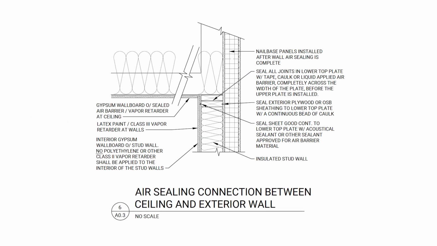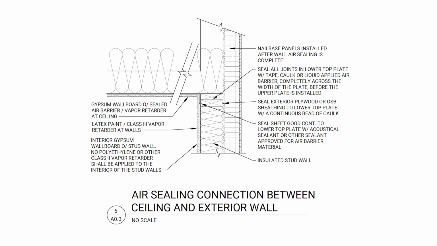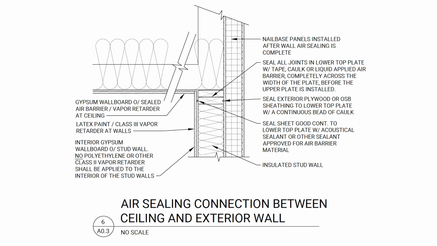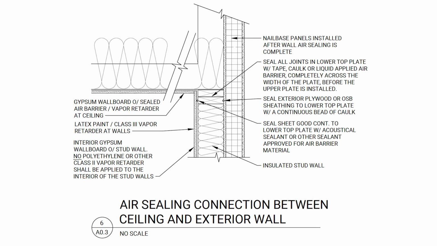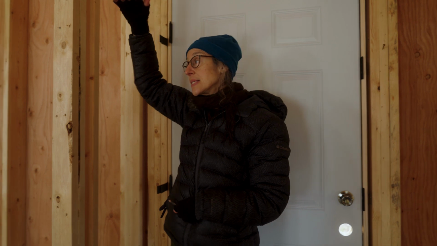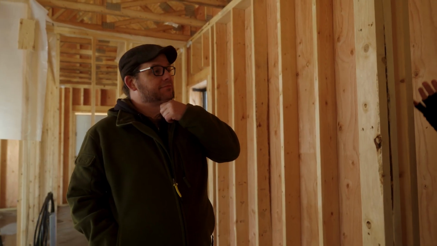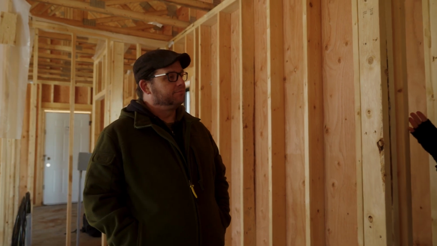And my understanding is they put this in place, they kind of rolled it up to keep it out of the way. But I love that it's sitting there, it's protected. When the time comes, they will roll it out, they'll connect all the pieces, and then they'll put the rest of the air barrier up in place, tape it, and you'll basically have a continuous membrane forming the air barrier and the vapor retarder.